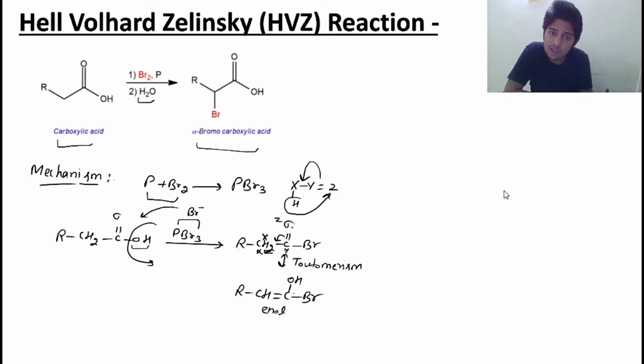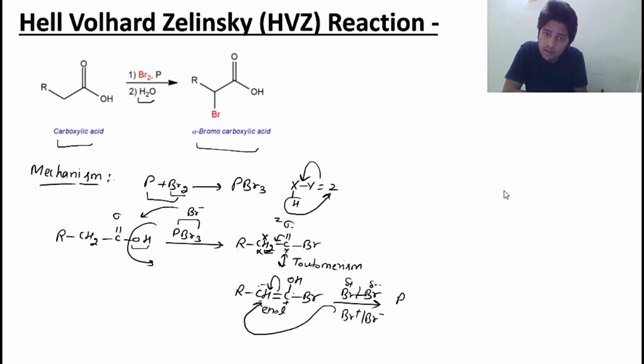Now this enol will further react with Br2, because we already have Br2 in the solution. This Br2 will polarize by seeing this electron density, generating Br plus and Br minus. The bond will break, and this Br plus will attack the carbon where the electron density is collected. When Br plus attacks that carbon, a positive charge is generated because electron density was collected on that carbon.